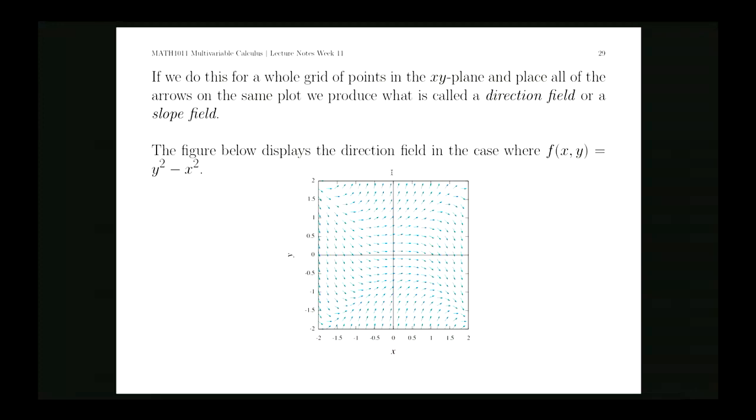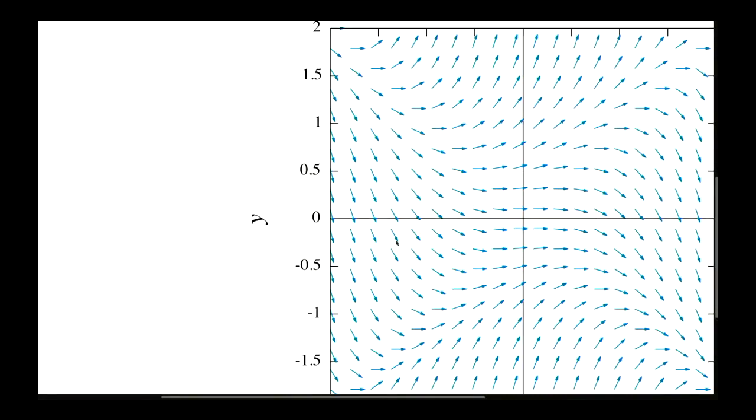Now obviously I ain't going to get you to draw these by hand, right? But here's one for the differential equation dy/dx equals y squared minus x squared. Right? So between x is minus 2 and 2 and y is minus 2 and 2, basically at the beginning of all those little vectors I'm calculating its derivative. Right? So for example, let's say, where's a point where, I don't know, what's that?